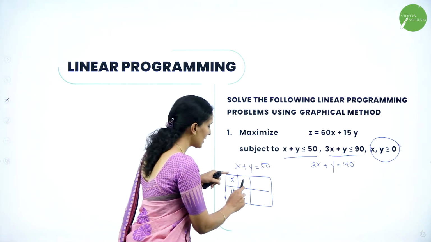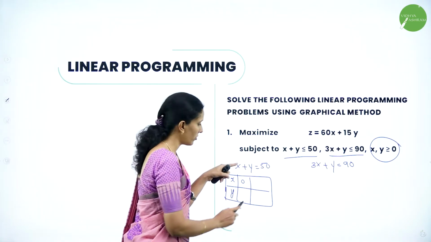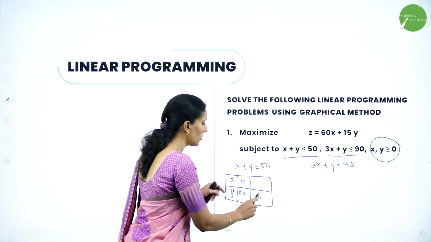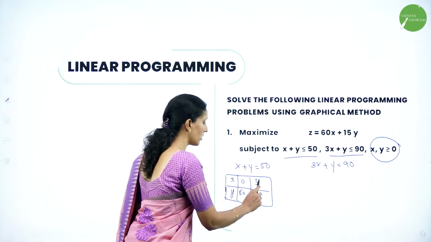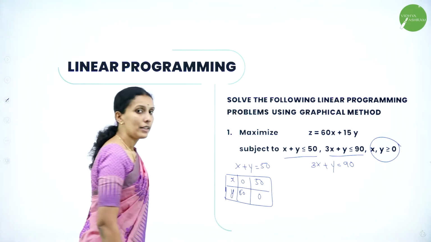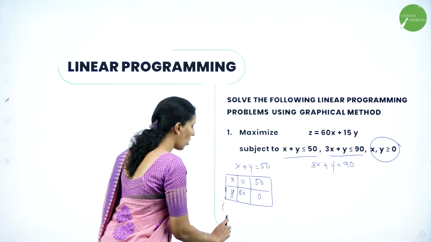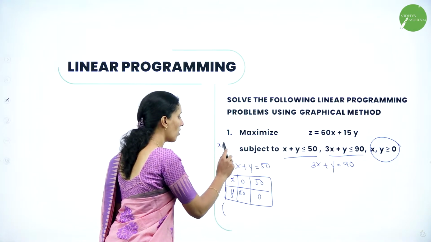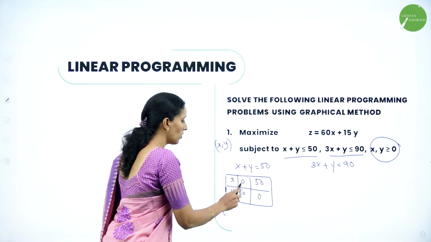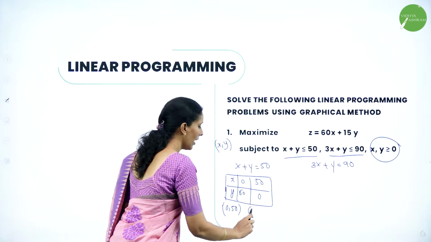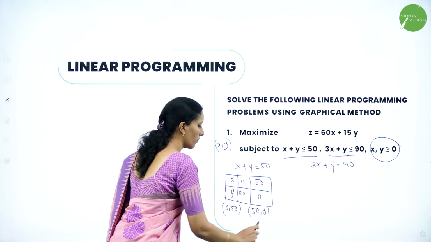If I put x equal to 0 in this equation, y is equal to 50. If I put y equal to 0, then x is 50. The points are always written in the form x comma y, first x, then y. So the points will be 0 comma 50 and 50 comma 0.